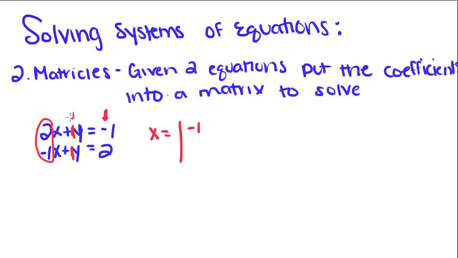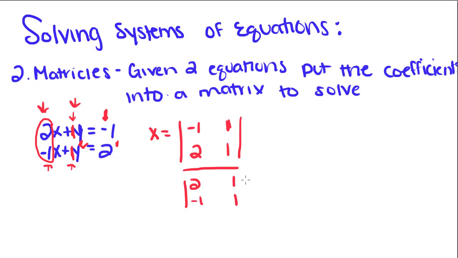Then we're going to put this coefficient right here, and then this one, and then the same one right here, over a matrix of 2, this first coefficient, this coefficient again, and then this one, and this one. So negative 1, 1.